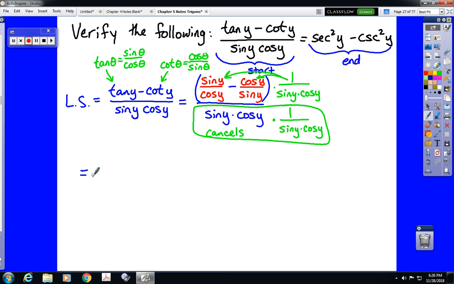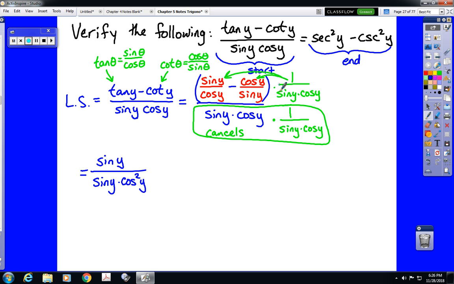Here's what that turns into. When we multiply this fraction by this fraction, the top is 1 times sine, so that's sine y over, and then the bottom is cosine times sine cosine, so that would be sine y times cosine squared y.